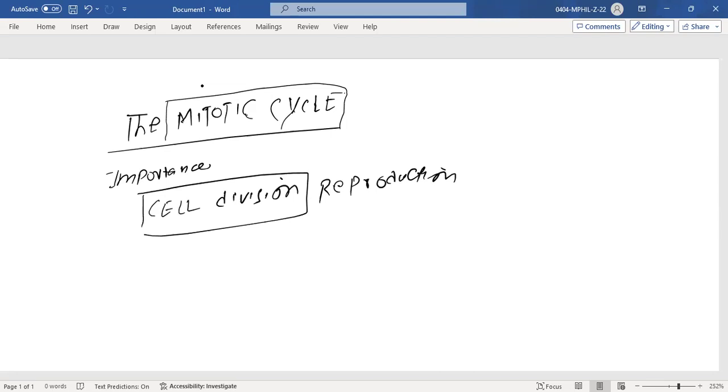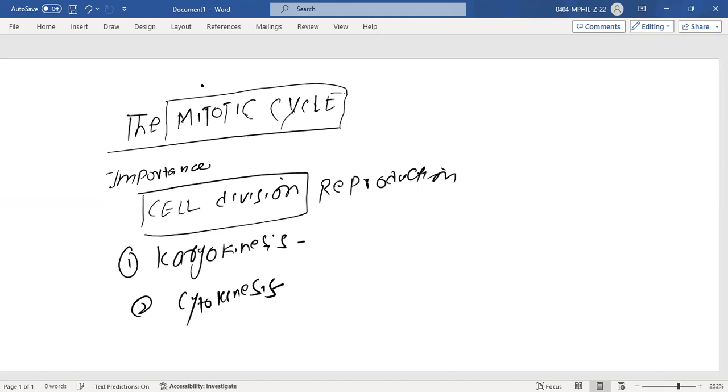We commonly divide cell division into two main steps. One is karyokinesis and the other one is cytokinesis. Are you getting it?